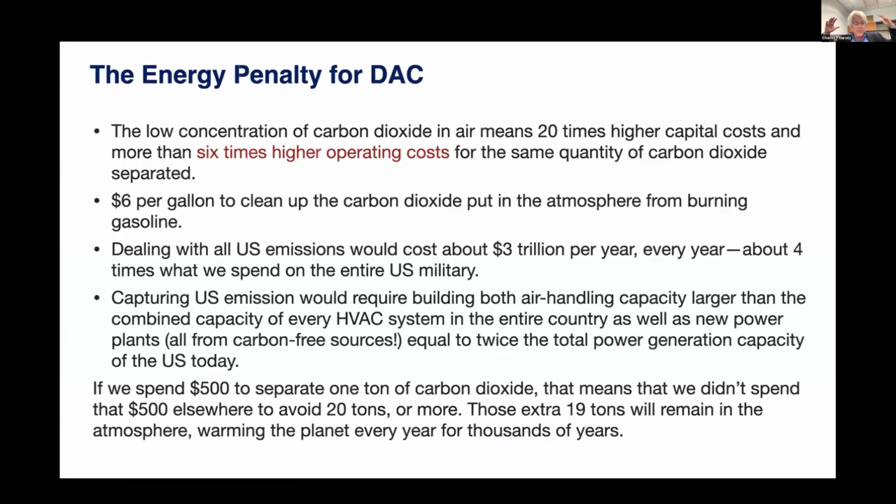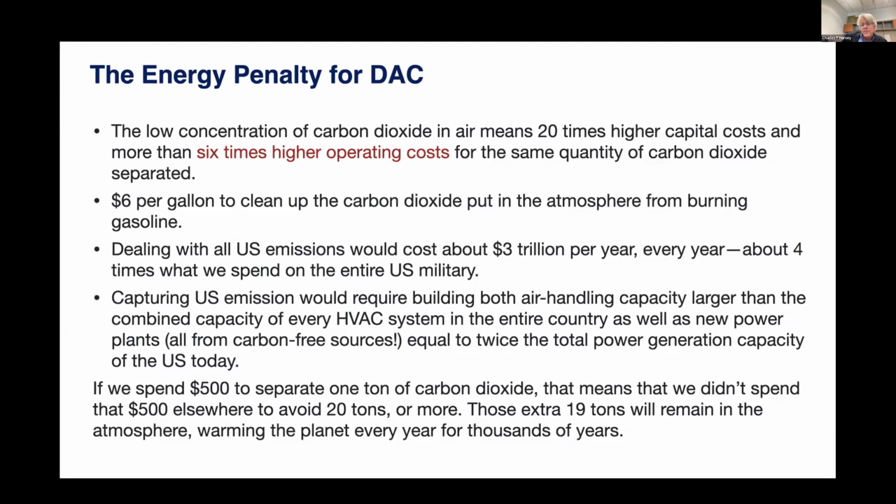And what I want to say here is that for direct air capture, it's exactly the same thermodynamics, the same energy penalty required to capture and compress it, but it's much worse. Because CO2 is high in the atmosphere in the sense that it's causing climate change, but it's essentially a trace gas.